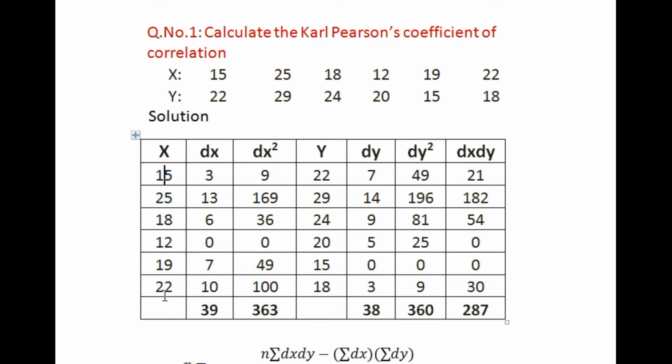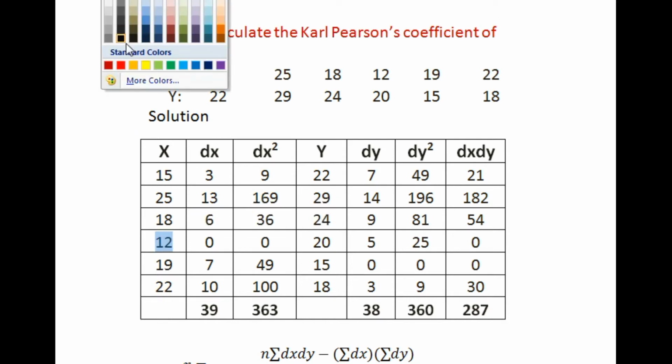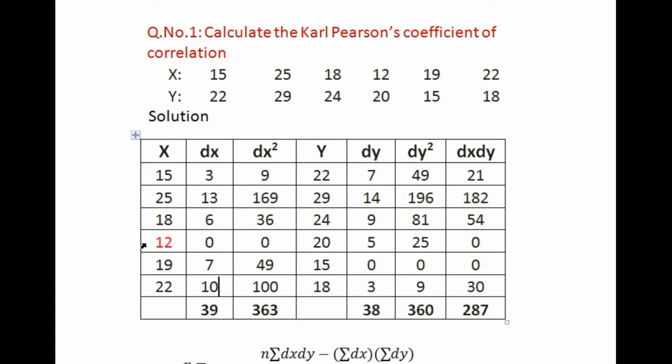Out of these x numbers, which is the smallest number? 12 is the smallest number. So I take 12 as the base and subtract: 15 minus 12 is 3, 25 minus 12 is 13, 18 minus 12 is 6, 12 minus 12 is 0, 19 minus 12 is 7, 22 minus 12 is 10.